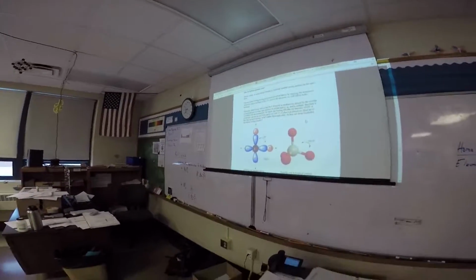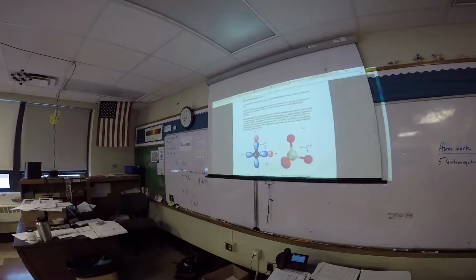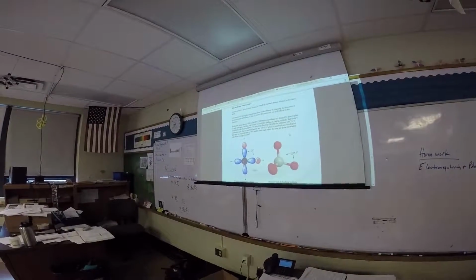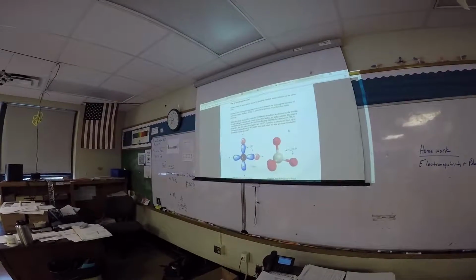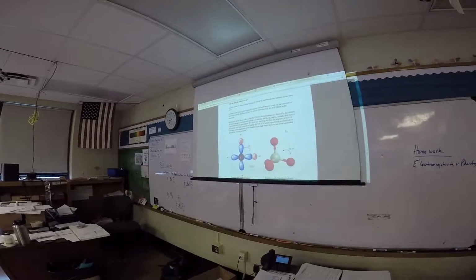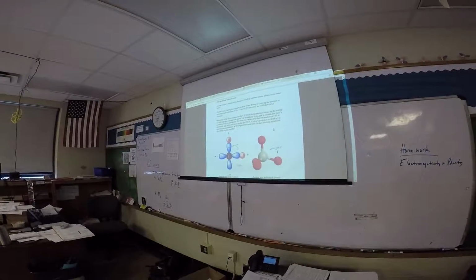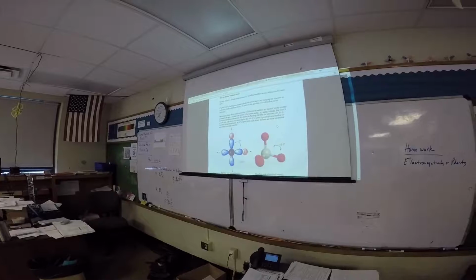It says the molecular orbital theory tells us that the CH bonds in methane are formed by the overlap of each hydrogen s orbital with the carbon's 2s orbital and the py, pz, px. But there's a problem with this assumption.